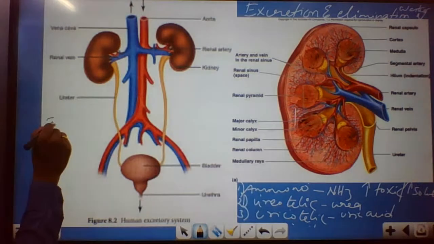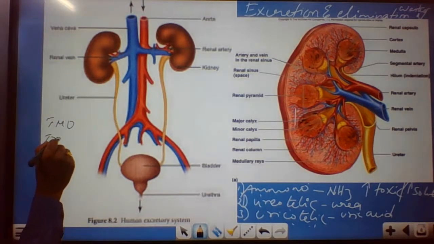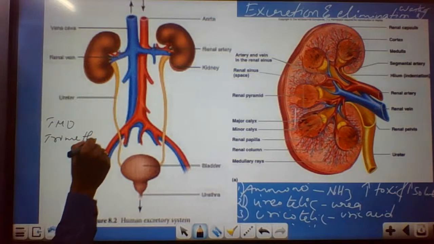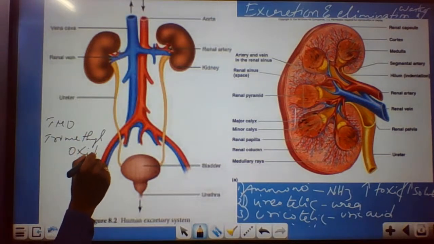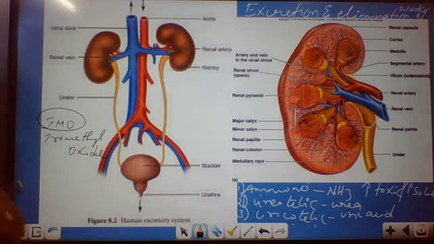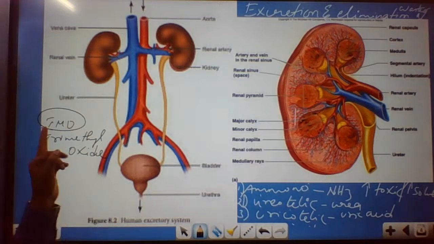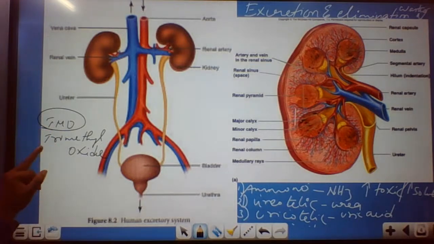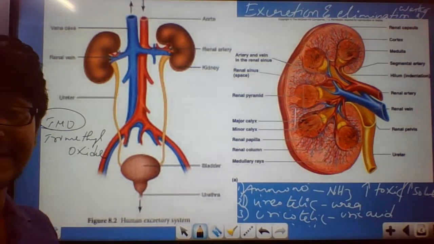So TMO is trimethyl oxide. Sometimes if they ask where TMO is given, it's a kind of waste actually. Expansion of TMO is trimethyl oxide. This is usually in the case of mollusks and crustaceans.